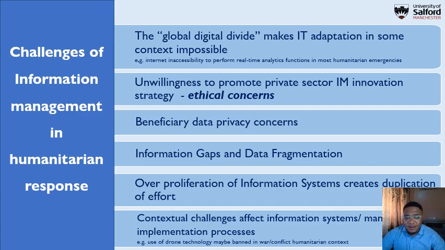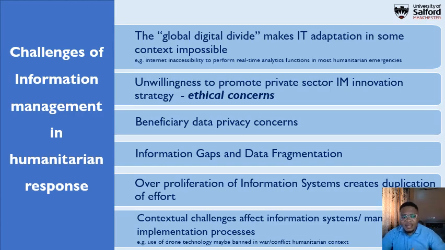Also, with regards to data fragmentation, with every agency collecting data in the field, there is oftentimes no compiled data for reaching an all-binding outlook of humanitarian needs. Hence, there's been this recent call from the humanitarian grand bargain agreement for more joint needs assessment to avoid duplication of effort.